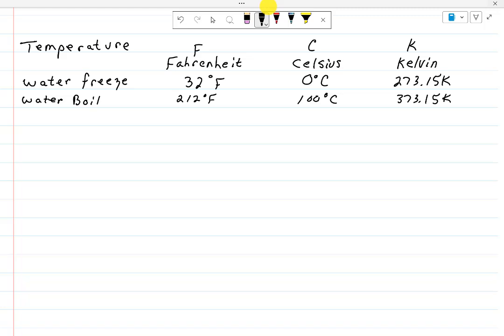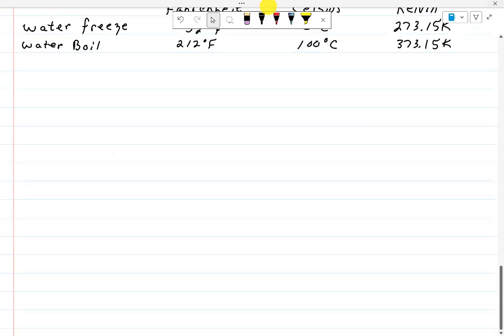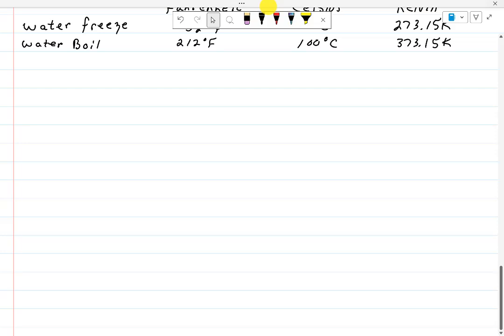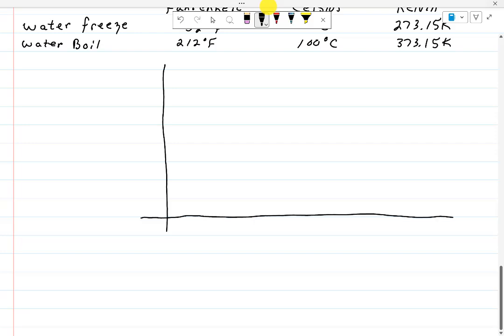Americans, we had our limits, of course, much earlier than Celsius came around, at least in America. But let me look at the Celsius to Fahrenheit conversion first. And what I'm going to do is draw a picture, just a rough sketch. I'm going to put Celsius on the horizontal axis and Fahrenheit on the y-axis.